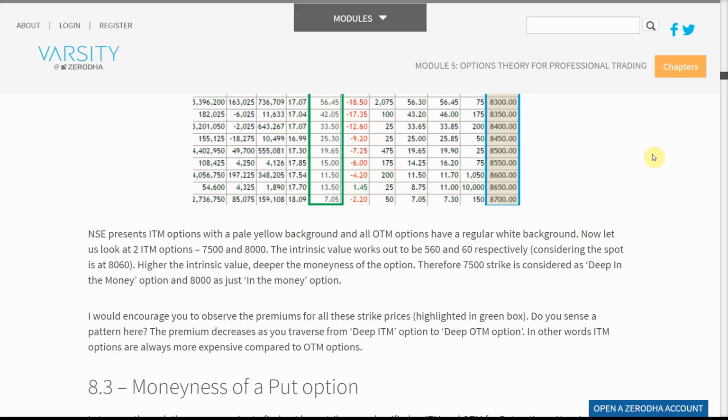I would encourage you to observe the premiums for all these strike prices, highlighted in the green box. Do you sense a pattern here? The premium decreases as you traverse from deep ITM option to deep OTM option.